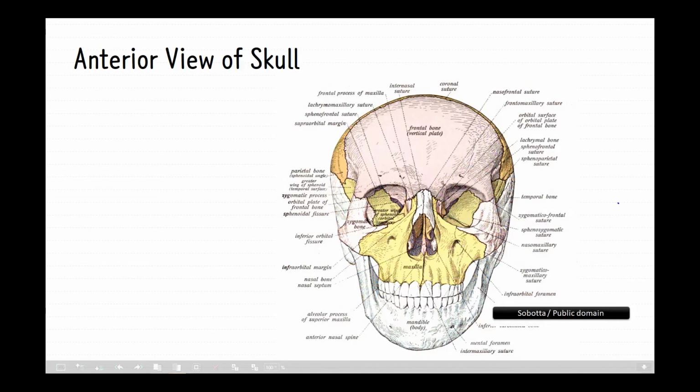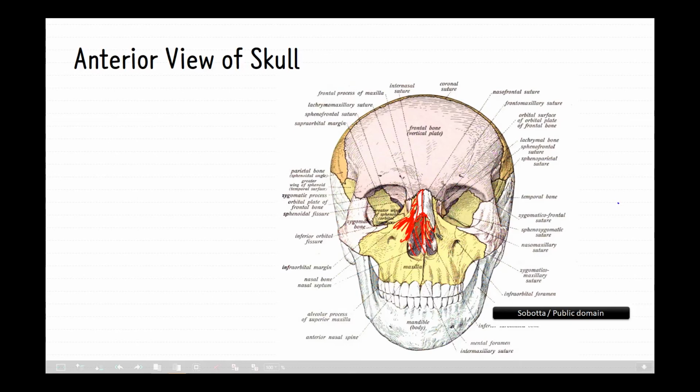Nasal region. The nasal region is composed of the nasal bone here and the frontal process of the bilateral maxilla around here, and the perpendicular plate of the ethmoid bone inside the piriform aperture.